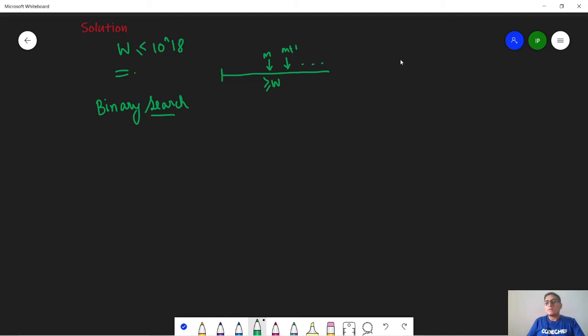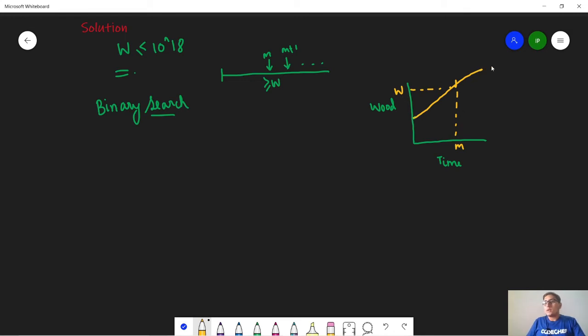Another way to look at it is as using a graph. Let us say we plot time on the x-axis and the amount of wood that we have on the y-axis. So at time 0 we initially have some wood and this will only increase with time, and at some month m we have the required amount of wood w, or at least it is greater than or equal to w.